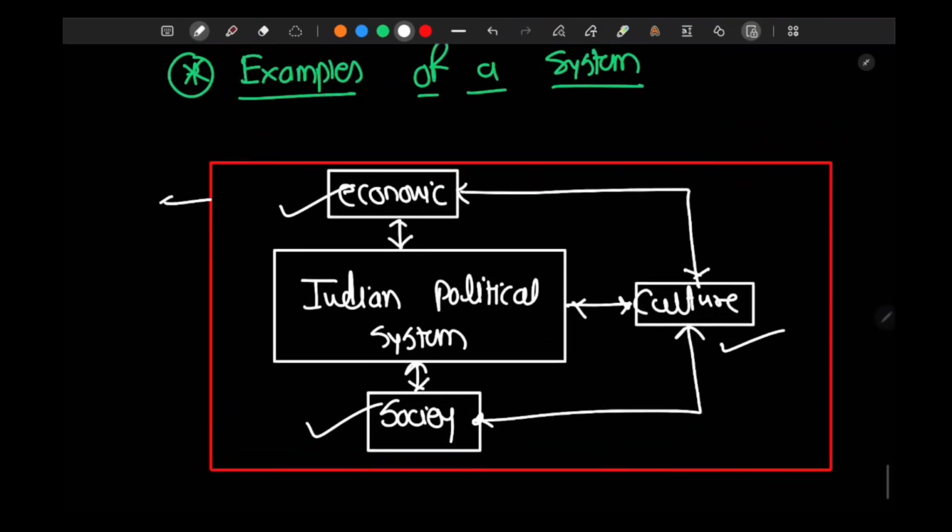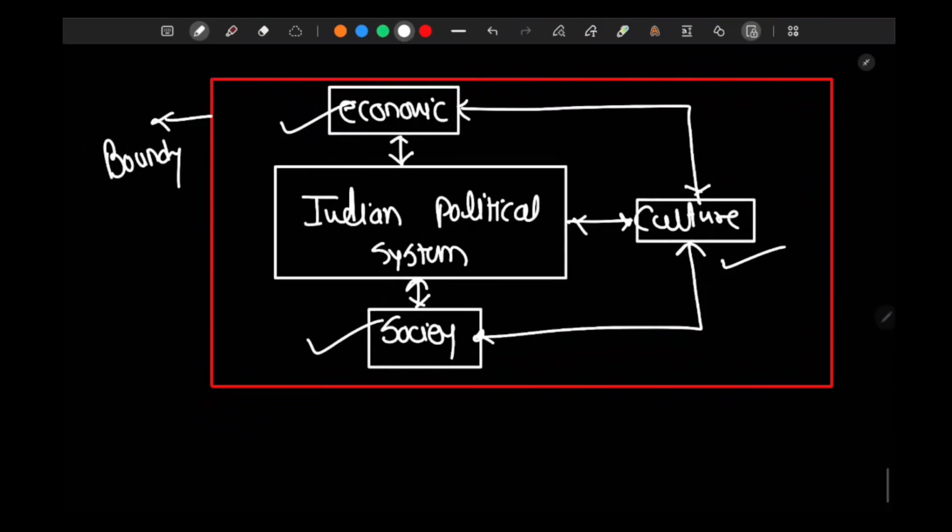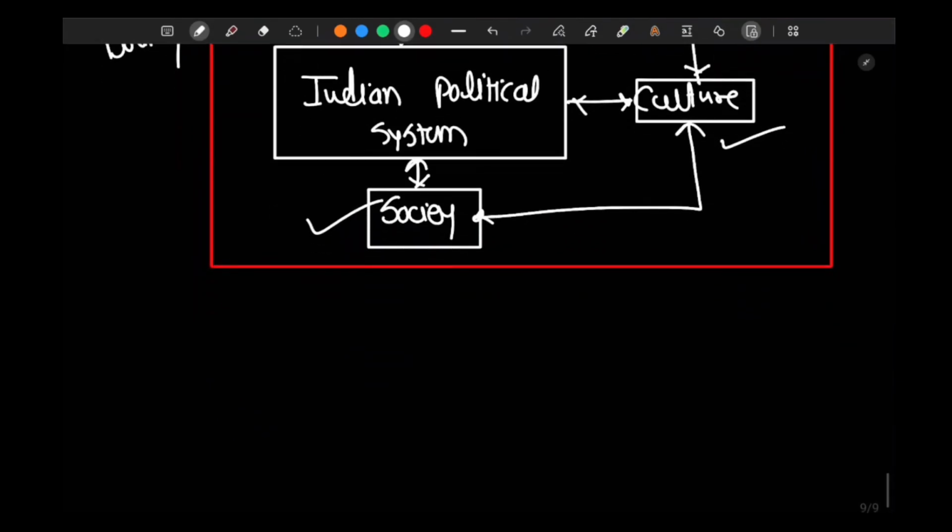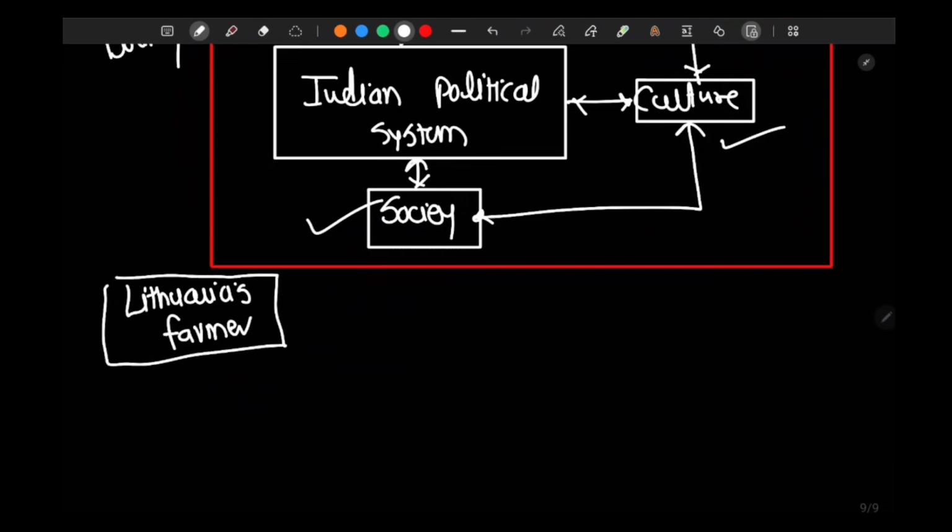And the red line which I have made, let's say it is a boundary. Outside this boundary, the factors will not affect the Indian political system. Let's say a small potato farmer in Lithuania.